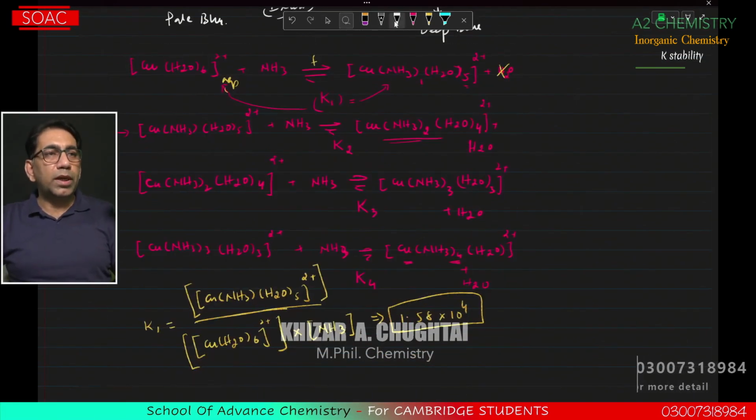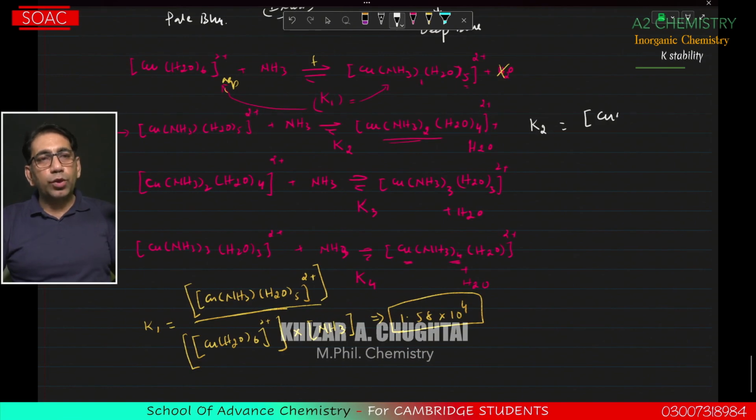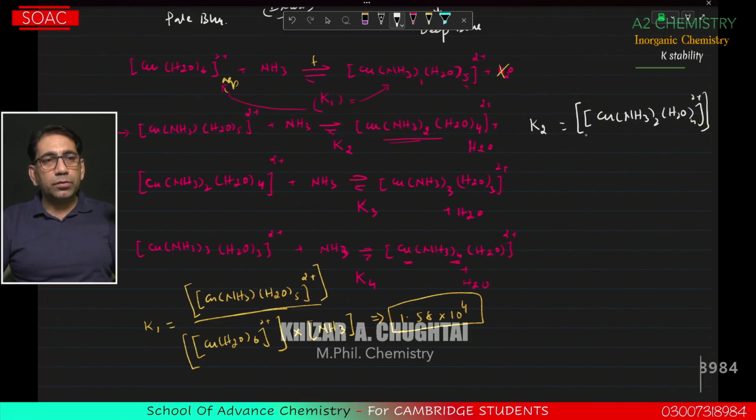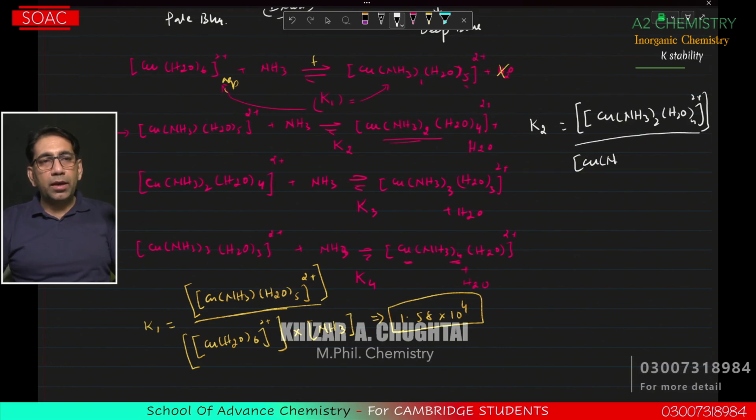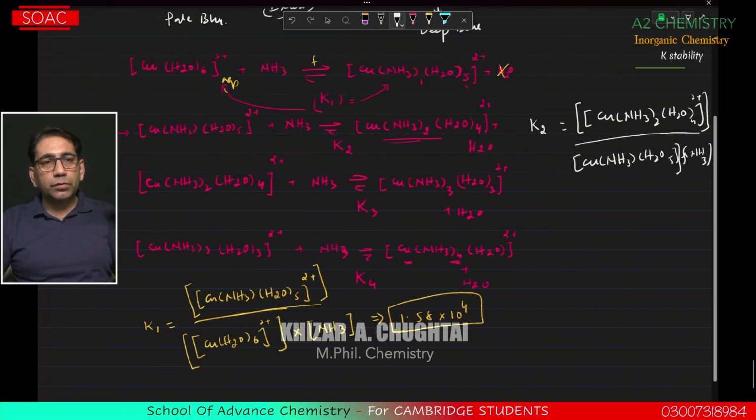For K2, the basic complex is [Cu(NH3)2(H2O)4]2+ concentration, divided by [Cu(NH3)(H2O)5]2+ into the NH3 concentration, and it is also having 2 positive charges.